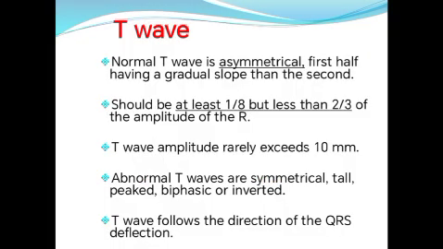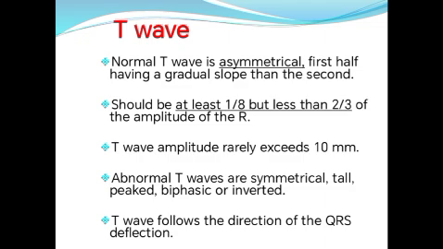The normal T wave is asymmetrical. The first half has a more gradual slope than the second. It should be at least 1/8, but less than 2/3, of the amplitude of the R wave.